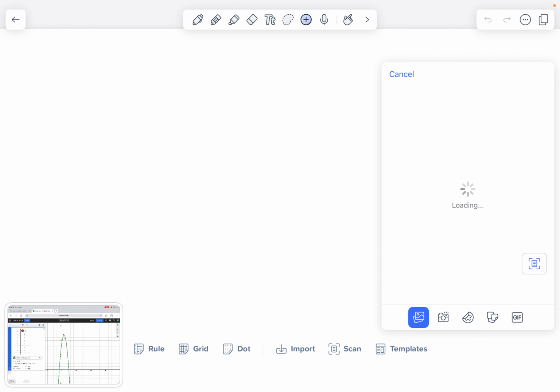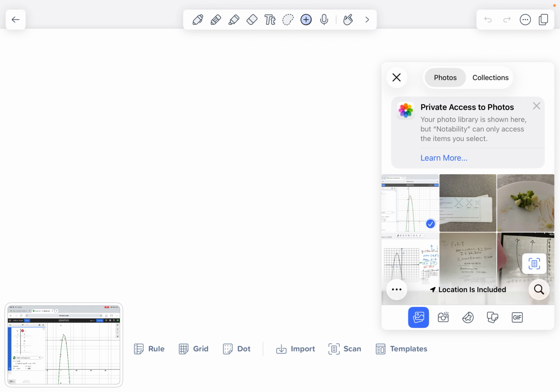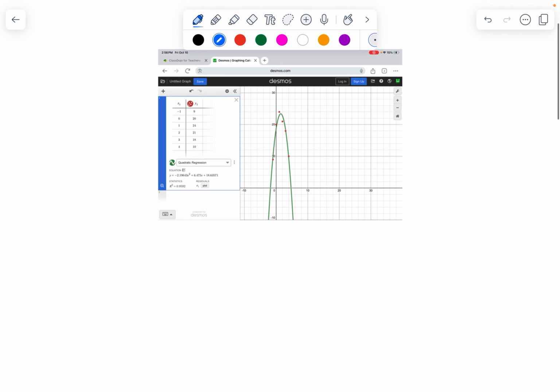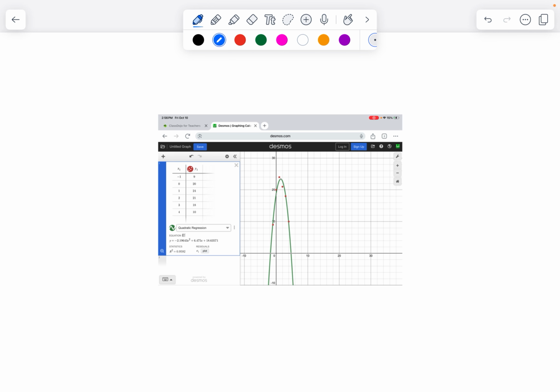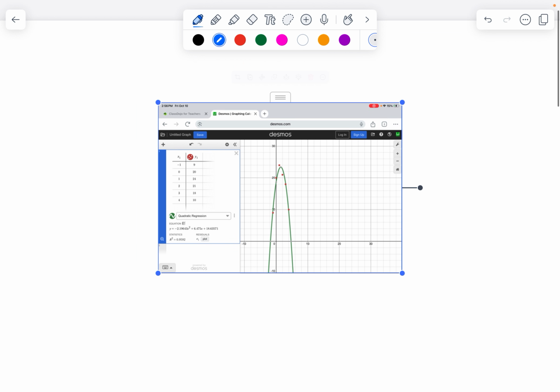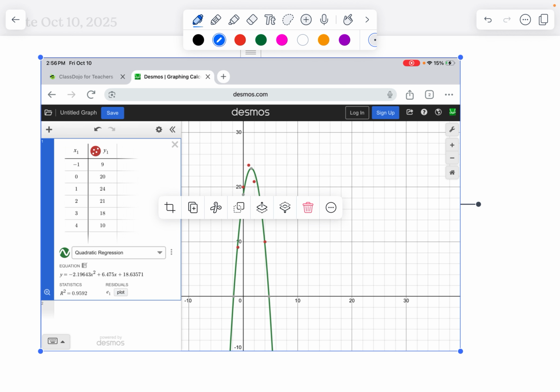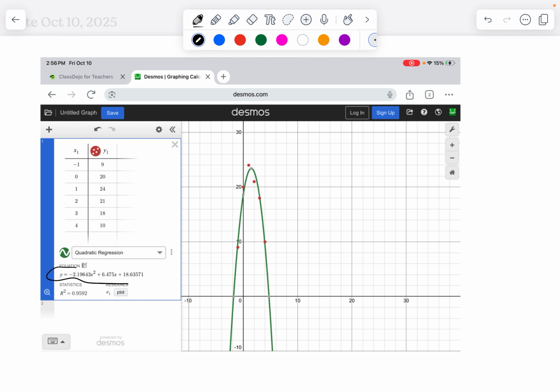So I'm going to add a picture that I just took. Okay, so this equation here is the equation for this parabola that they're giving us.